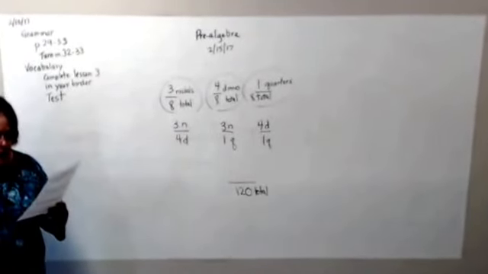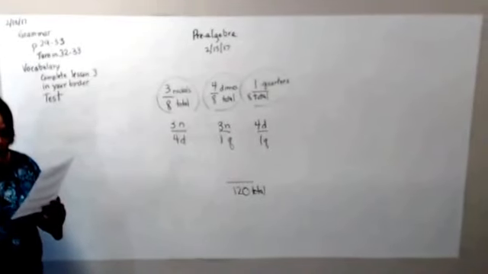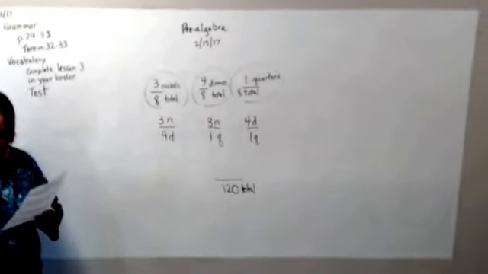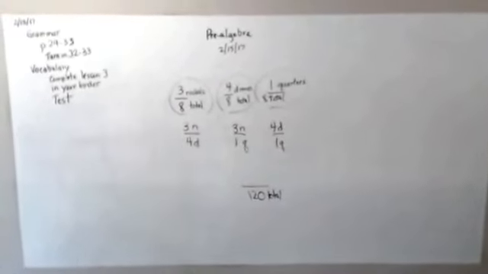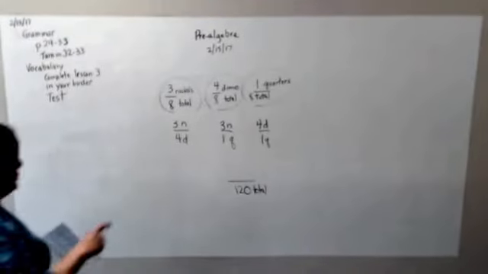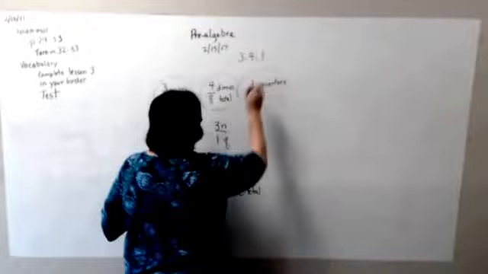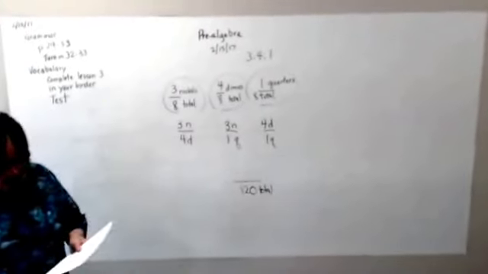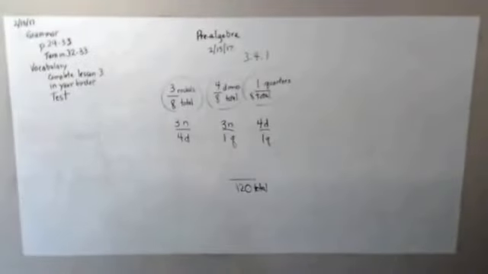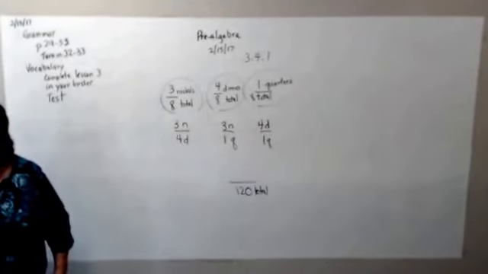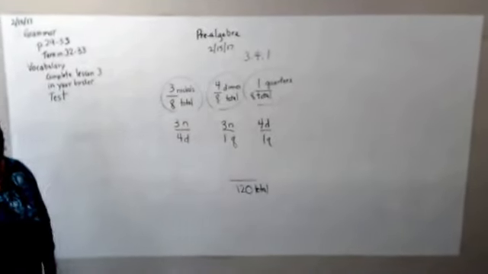She has 120 coins total. What is the ratio of nickels to dimes to quarters? What they mean is the ratio of nickels to dimes to quarters is 3 to 4 to 1. That's really the answer to the question. But what they really mean to ask is how many nickels does she have, how many dimes does she have, and how many quarters does she have? That's what they mean to ask.